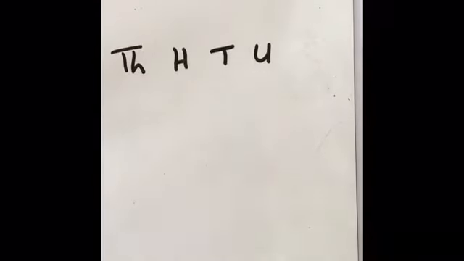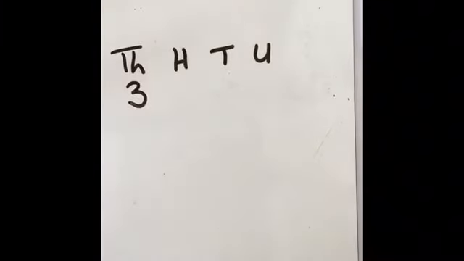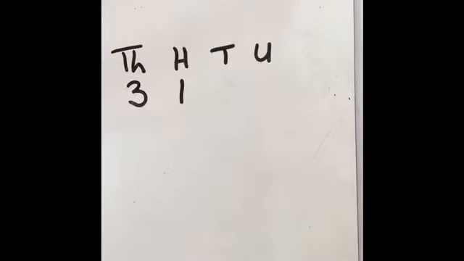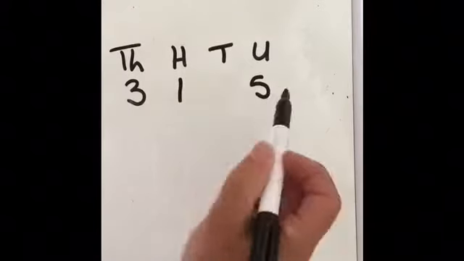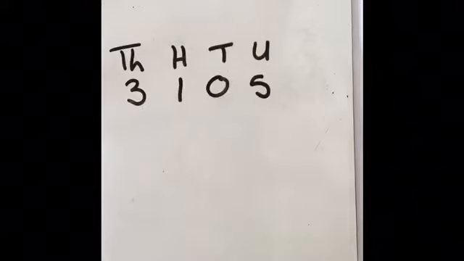And it's telling us we have 3,000, so you can put 3 in under the thousands. It's all about place value. We have 100, so 1 in the 100, and we have 5, so that would be 5 units. Now you see there's a gap in the tens, so if there's a gap there, you fill the gap up with a naught, and that's what your answer would have been, 3,105.